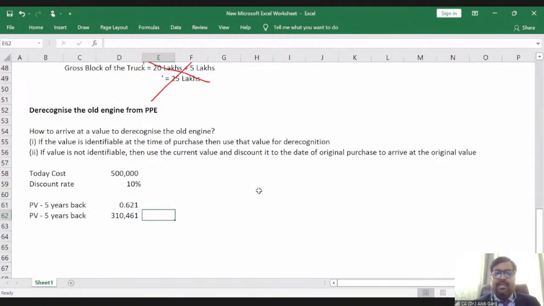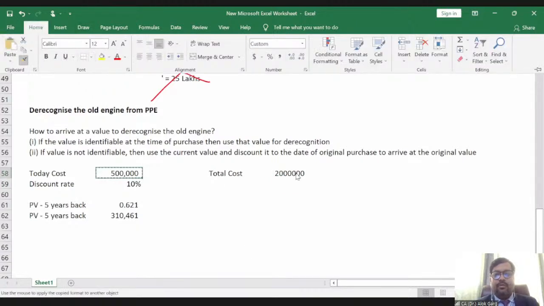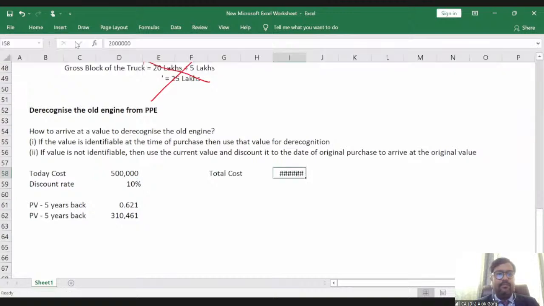It means I can do the splitting in such manner. What is my total cost? My total cost is 20 lakhs, right?